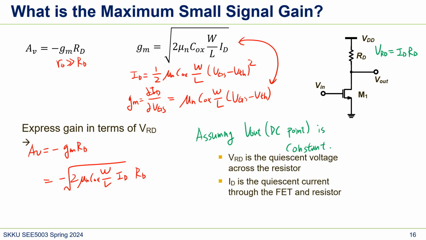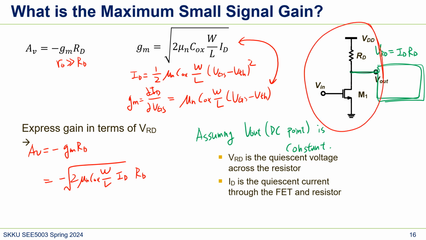Usually when we use this amplifier circuit, there comes a following circuit, right? So this operating point is critical for the next circuit. If we tune this circuit, we just have to keep this as a constant because we have the other following circuit.